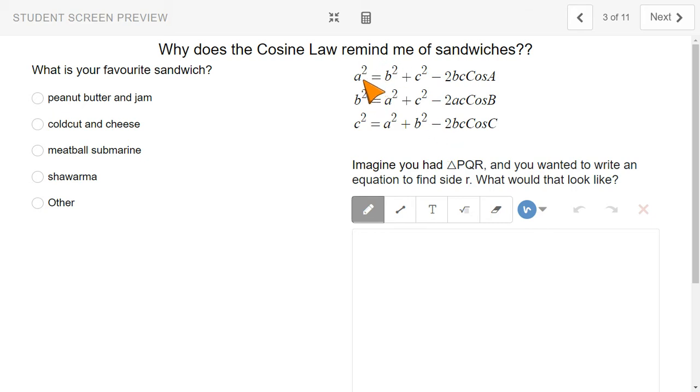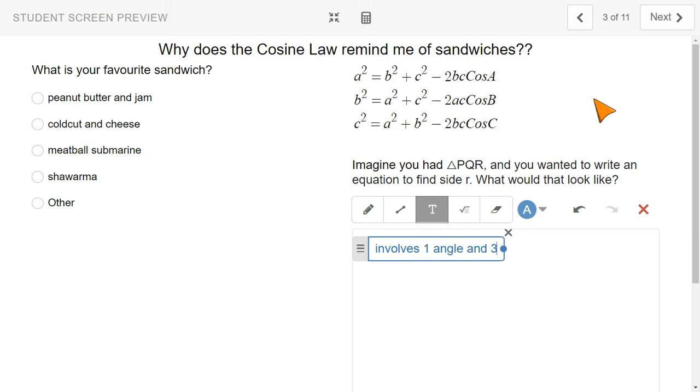Now, another thing that you'll notice is that when we are looking at our cosine law, it involves one angle and three sides. So let's draw this diagram here.